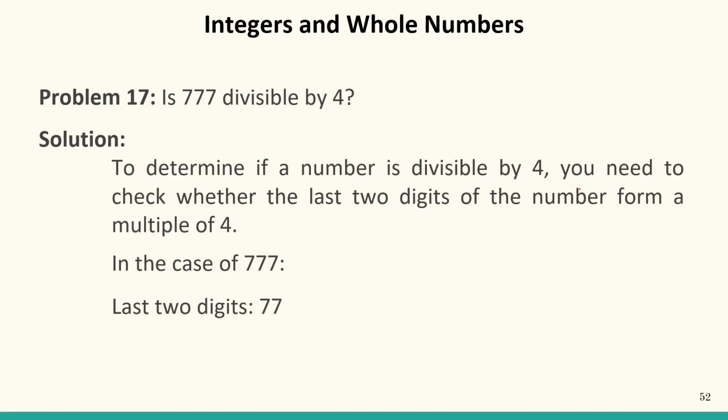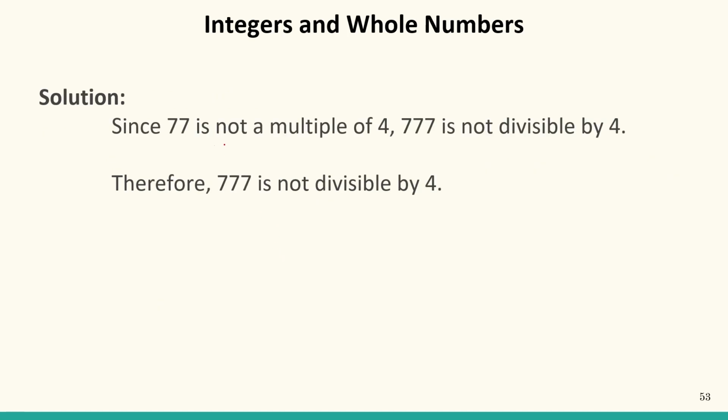So to determine if a number is divisible by 4, you need to check whether the last two digits of the number form a multiple of 4 or not. Since 77 is not a multiple of 4, 777 is not divisible by 4.